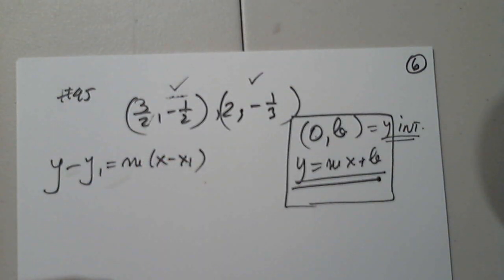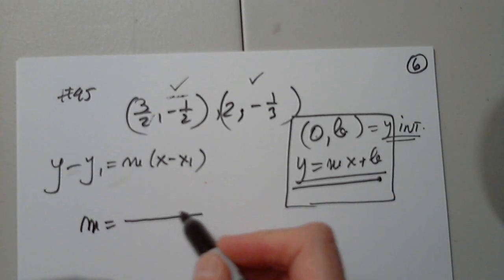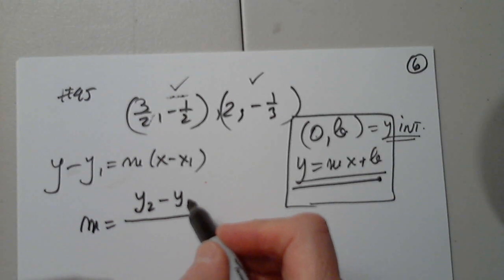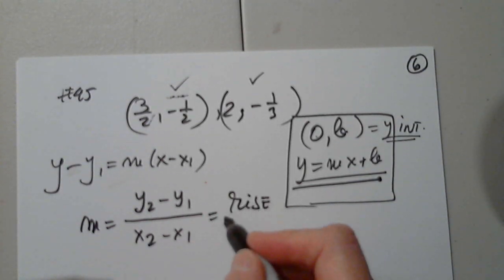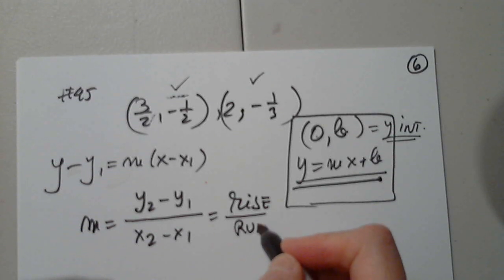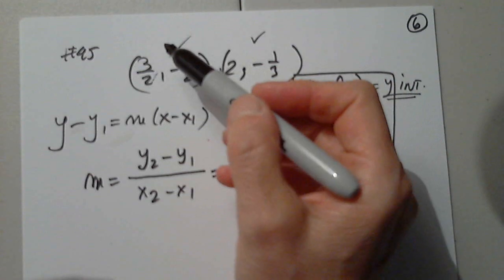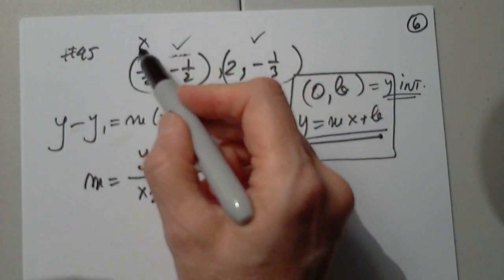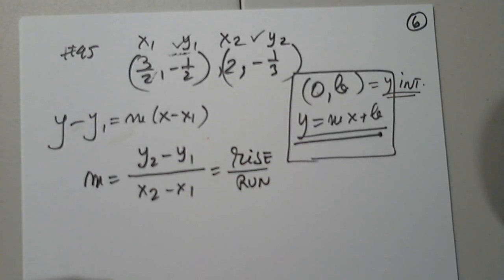So let's find the slope. How do I find the slope? Well, I remember that the slope is the rise over run. Rise over run. And go back to the points, label them x1, y1, x2, y2, so you don't make an error.